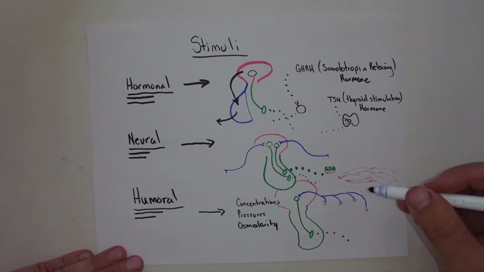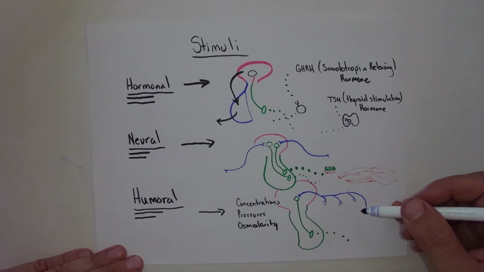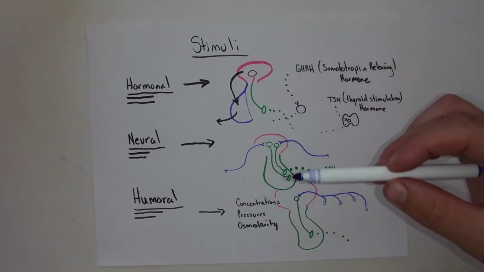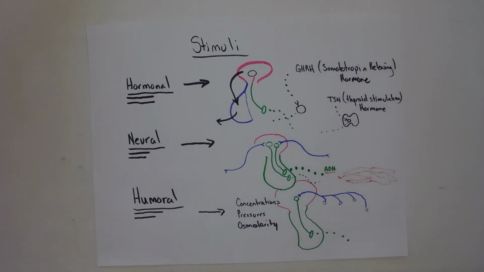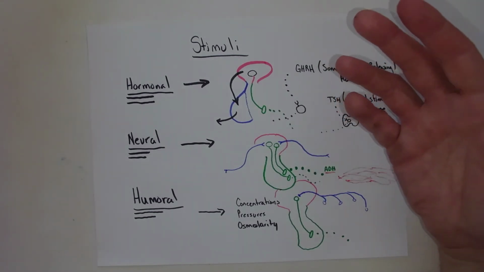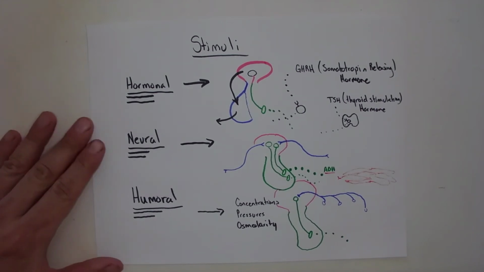Now, should we call that neural or should we call that humoral? I'm not a huge fan of these categories because it's kind of a matter of opinion. What I want students to know is the exact stimulus. Then other people can categorize it in different ways, and you can understand their perspective based on that.